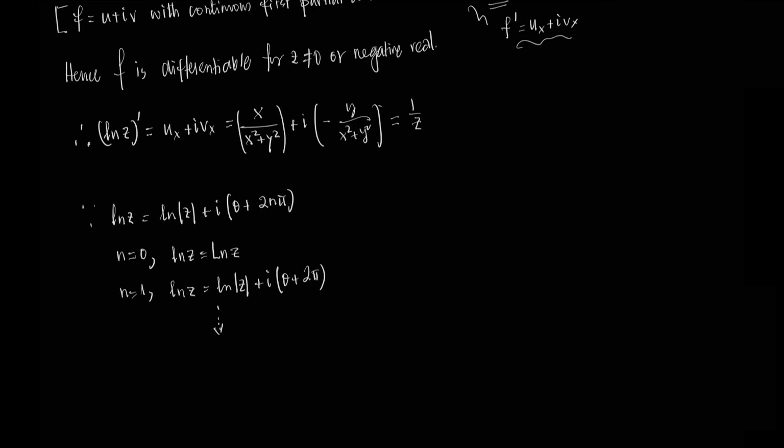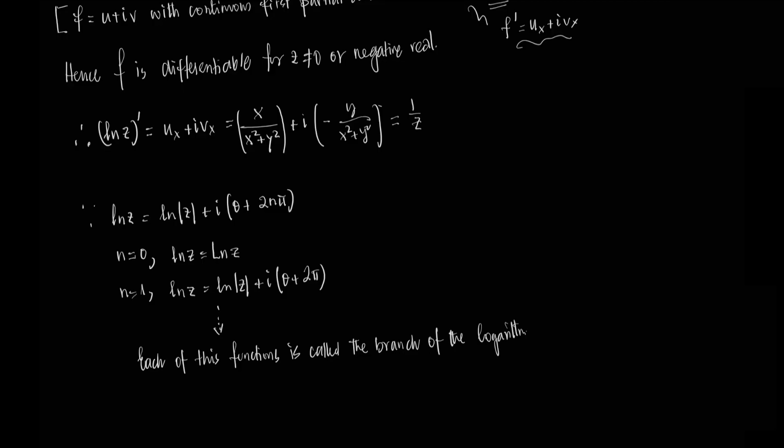So you see, each one of these functions, if you take n equals 0, n equals 1, all these things, they are called a branch. So each of these functions is called a branch of the logarithm.